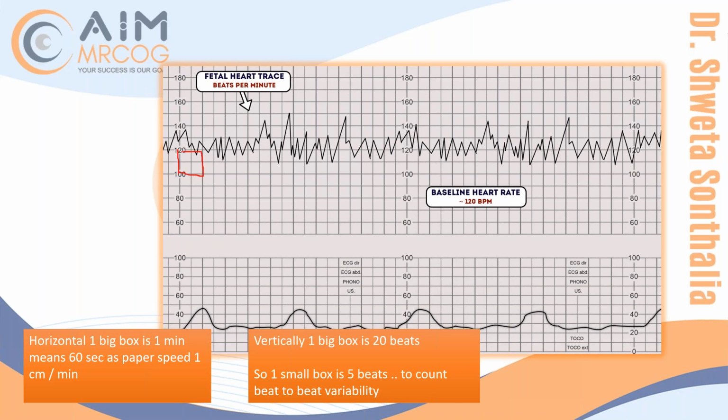So this one big box is 20 beats from 100 to 120. And if you see the horizontal line, this one big box is 1 minute. 1 minute means 60 seconds, right? So this is 60 seconds here and 20 beats here. This is a very important parameter, because unless you understand this, you cannot understand what is acceleration, what is variability, how to calculate it.